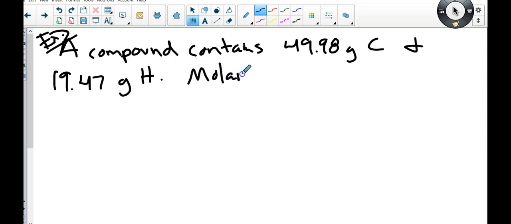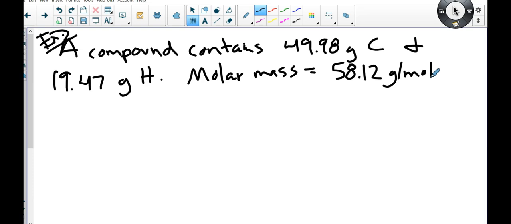Molar mass equals 58.12 grams per mole. Find the EF and MF, so the empirical formula and molecular formula. I wrote it down quickly so you don't have to write so much.